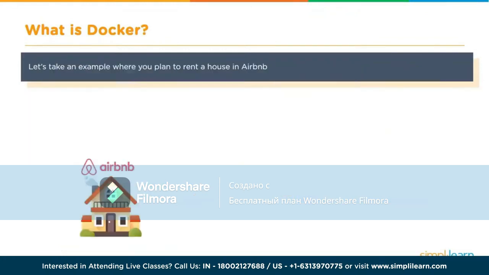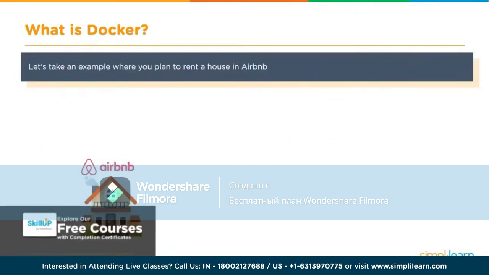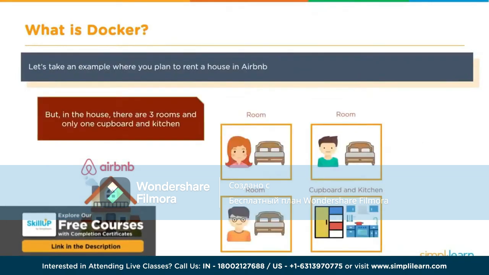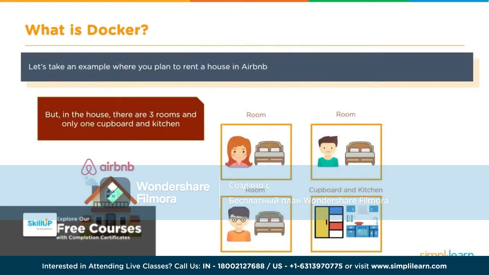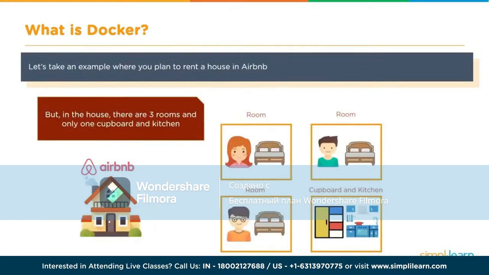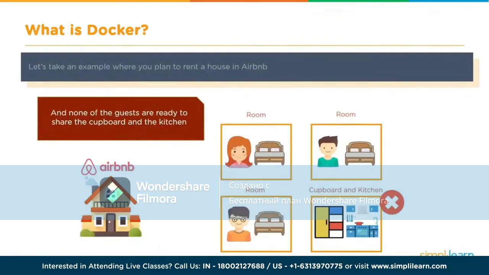So let's take an example of what Docker is by using a house that may be rented to someone using Airbnb. In the house, there are 3 rooms and only 1 cupboard and kitchen. And the problem we have is that none of the guests are really ready to share the cupboard and kitchen, because every individual has a different preference when it comes to how the cupboard should be stocked and how the kitchen should be used.